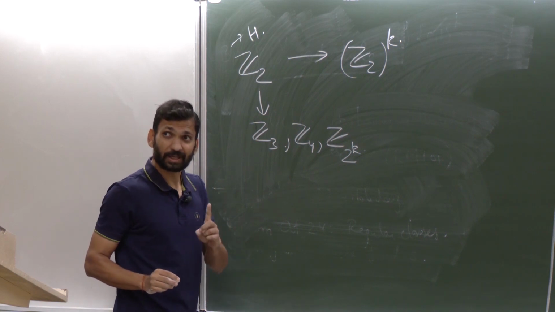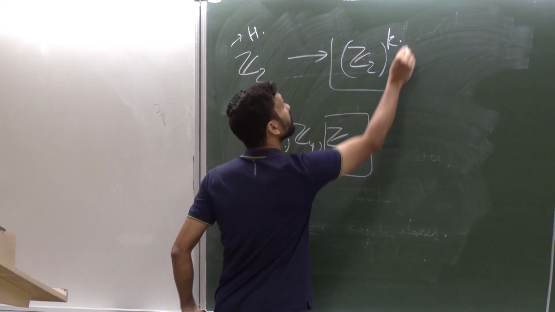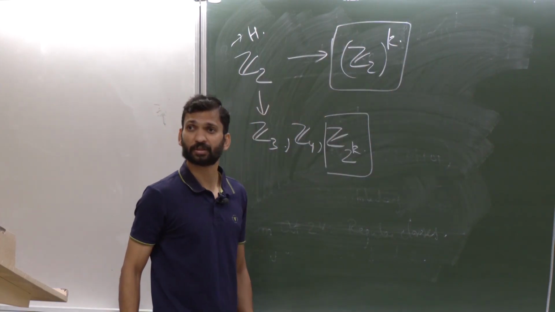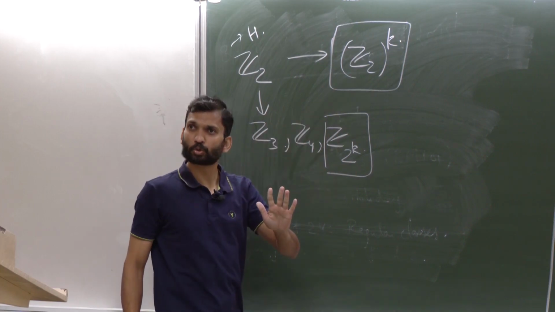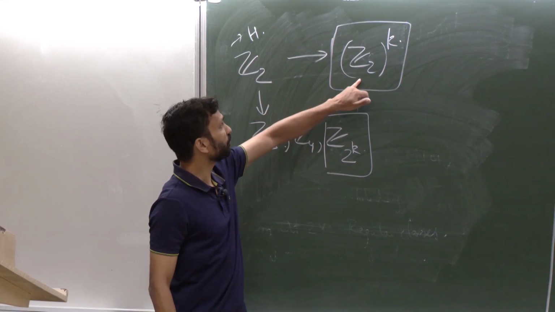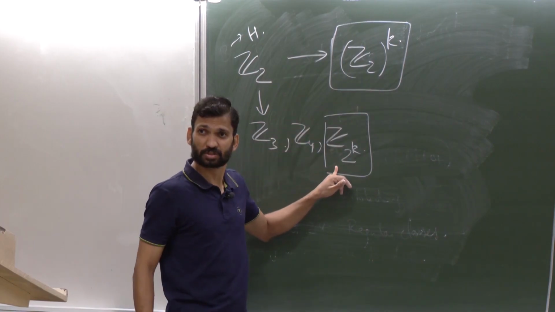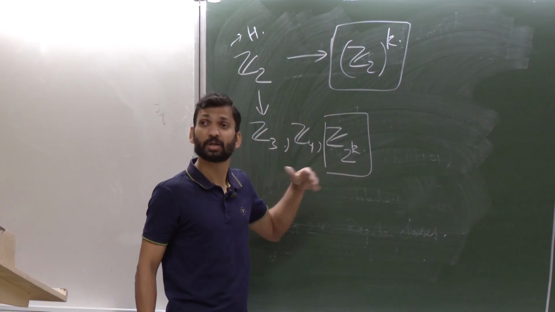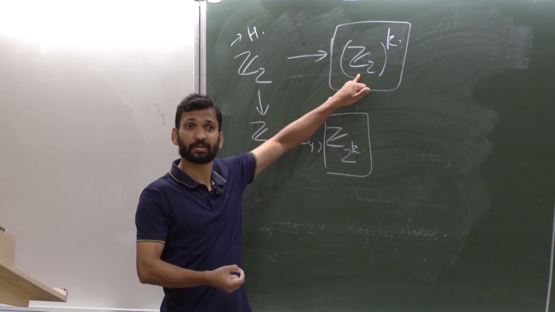It is very, very important to notice that this group and this group are very different. The number of elements is going to be 2 to the power k in both. Here the elements are binary strings, and here these are numbers 0, 1, up to 2 to the power k minus 1. More importantly, when you add here, how do you add?